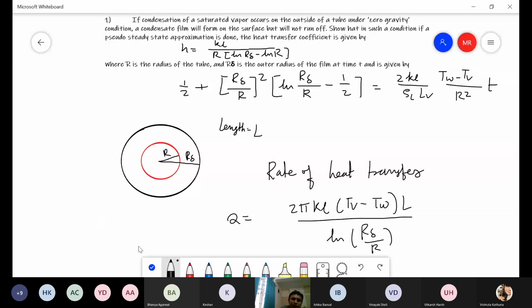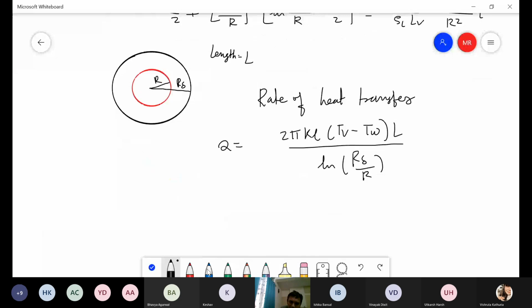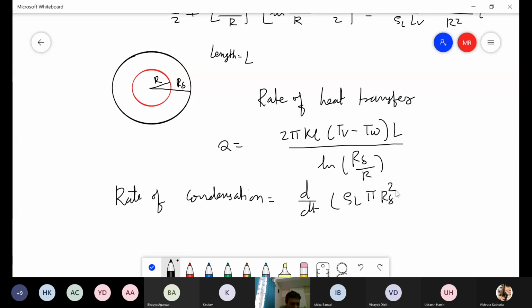Now let us find out the rate of condensation. So the rate of condensation in this case can be written directly. The change in the mass of this system can be obtained as density rho L into pi R delta square L. That is going to be the change of mass, and it is primarily coming from the condensation itself, isn't it?